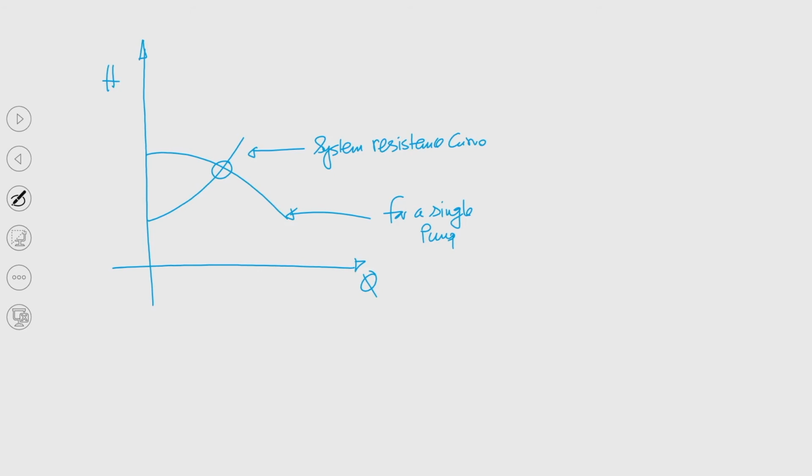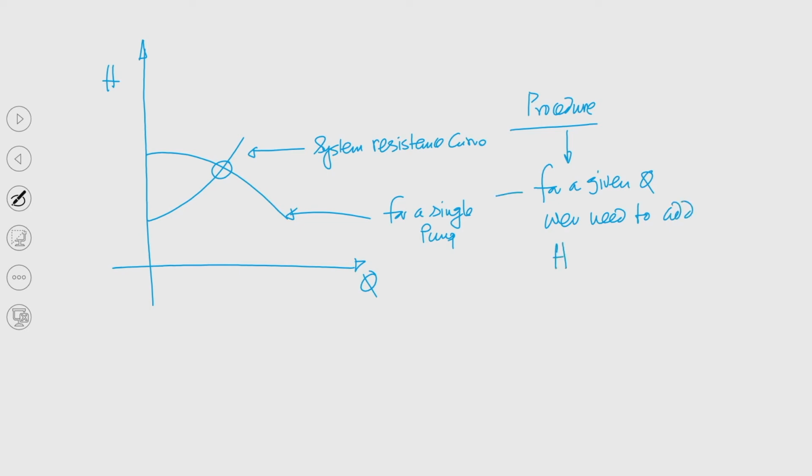What is the procedure? For a given Q, we need to add head.